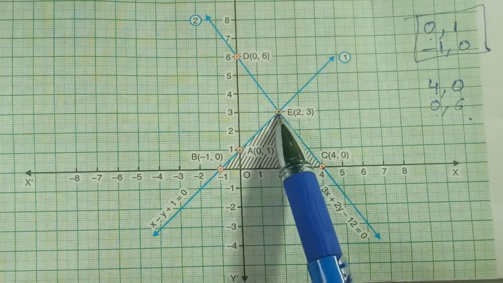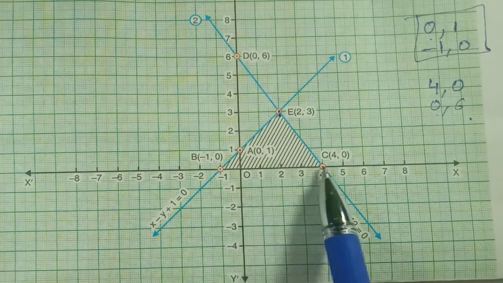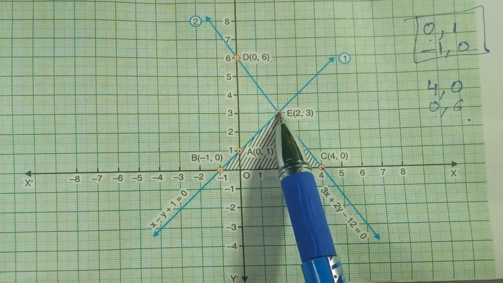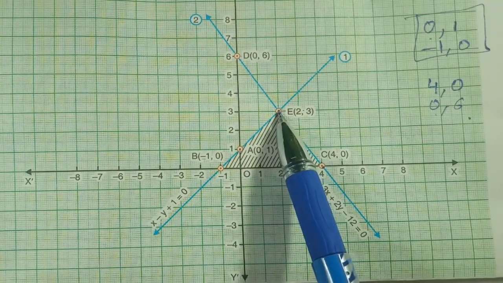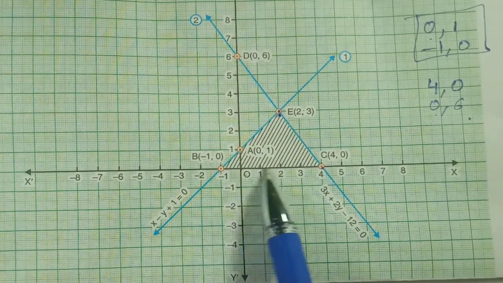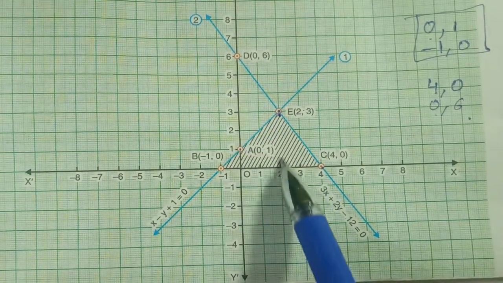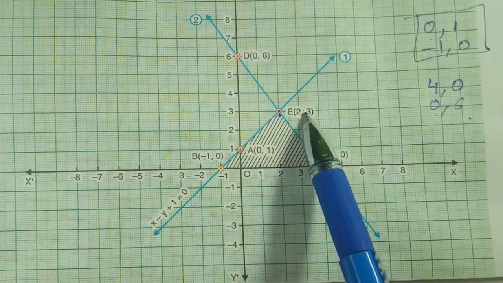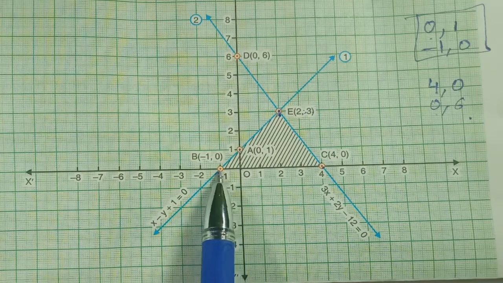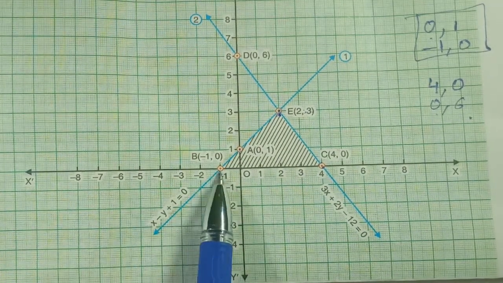Vertices means points. So the first vertex is E, then the second and third. We have to tell its points. So for E, the value of x is 2 and the value of y is 3. So 2 and 3 is the first vertex. The second coordinate is point B, minus 1 and 0.